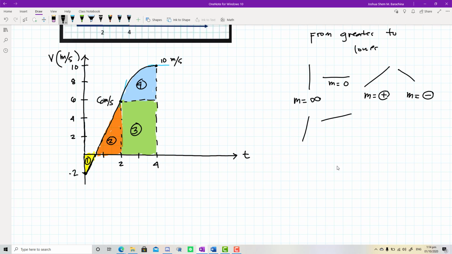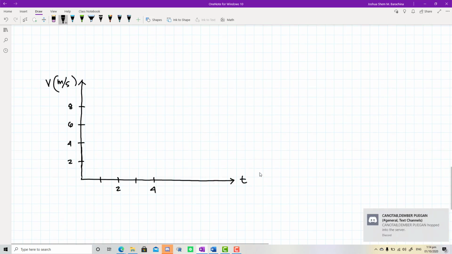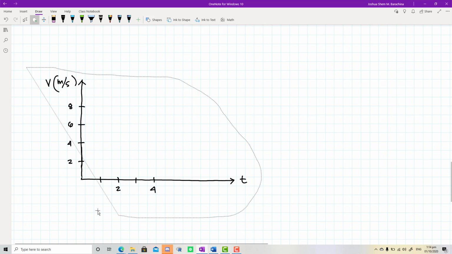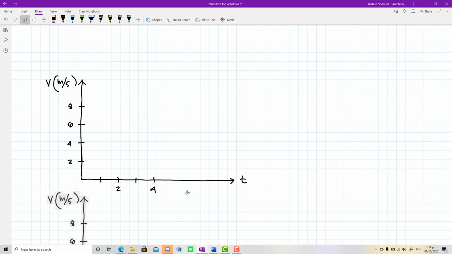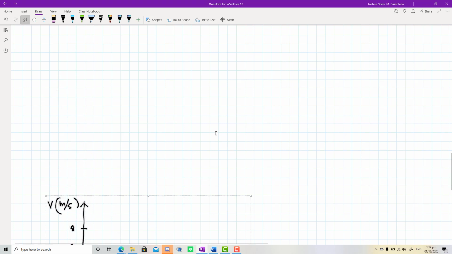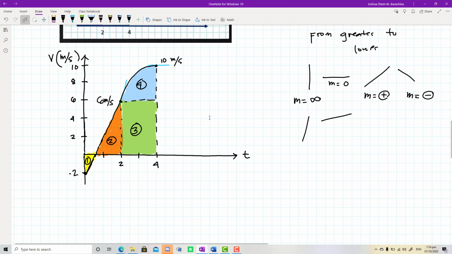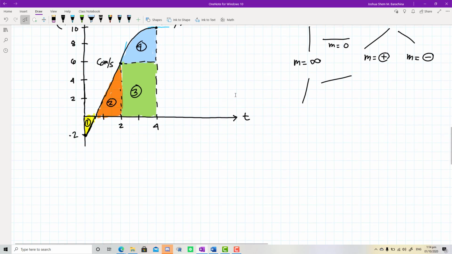So, let me transfer this one. So, sa baba. Okay. Let's go back. For the first area, kailangan natin yung this distance.